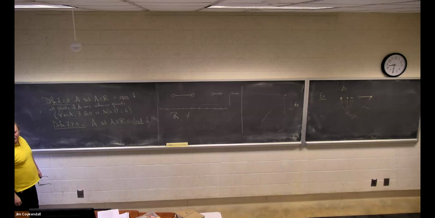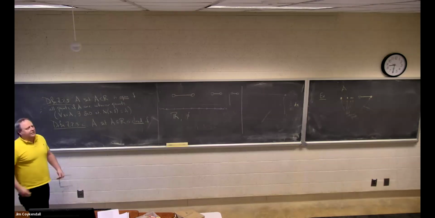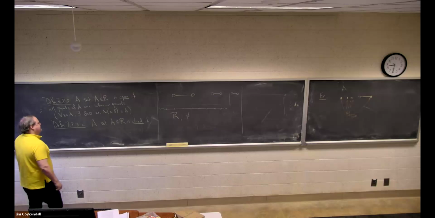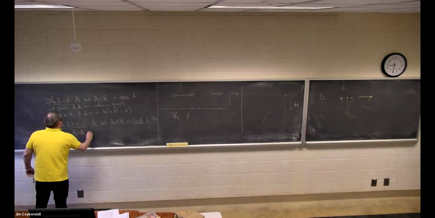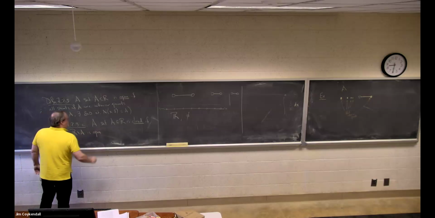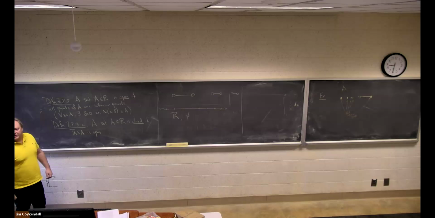Anybody know what the definition of closed is? I know what a closed interval is, right? It's the interval with both the endpoints. A set is said to be closed if when you remove the set A from the reals, you get an open set.